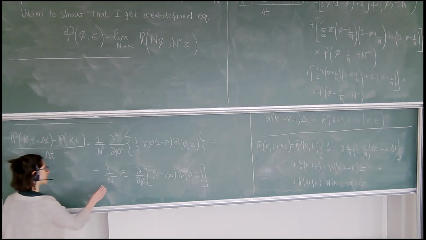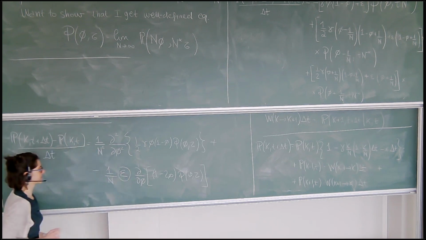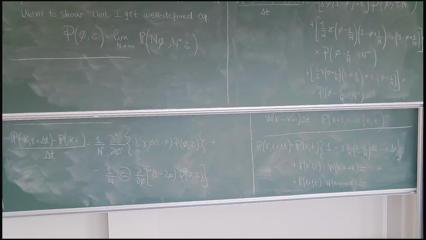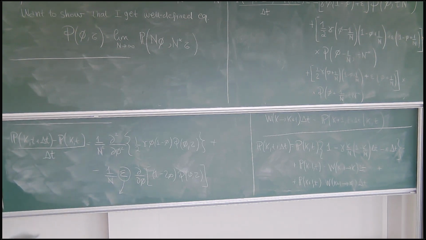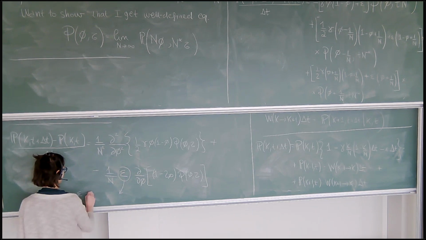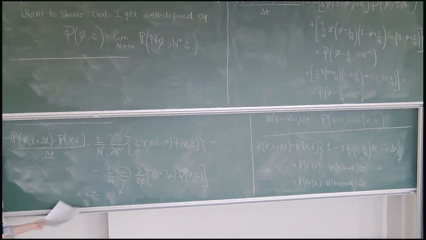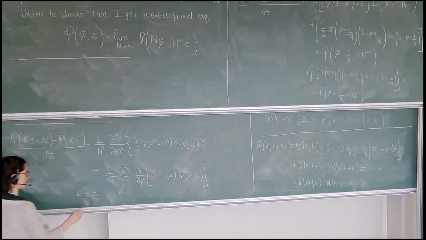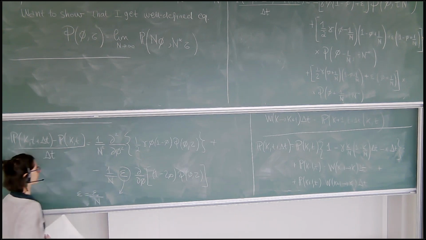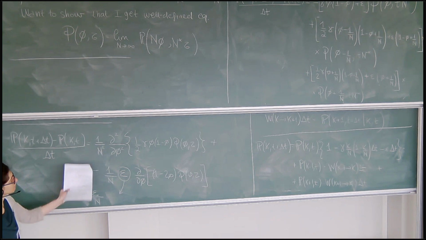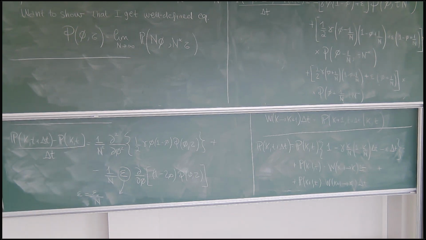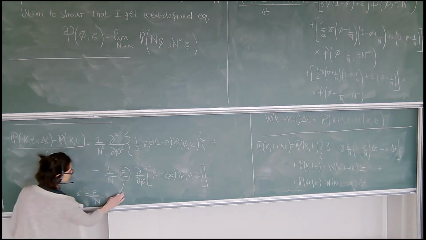So I have to assume that epsilon also scales whenever I look at this continuous limit. I have to assume that epsilon also scales like 1 over n. So I say that epsilon is equal to some constant E0 divided by n. And in this way, E0 is of order 1, and I match the scaling between these two quantities.